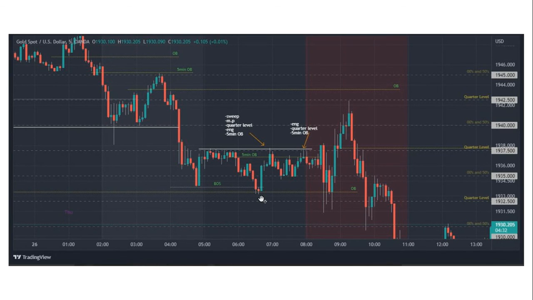Now, in my previous videos, I did mention what I classify as a valid pullback and what isn't. So when I have at least two candles like this, two bullish candles going up, granted the second one doesn't go beyond the low of this bullish candle, then it is a proper and valid pullback. In this case, it's not, because if you look closely, the wick of this candle right here does go below this candle, so therefore it's not a solid pullback, and therefore it's not a resistance point for me.